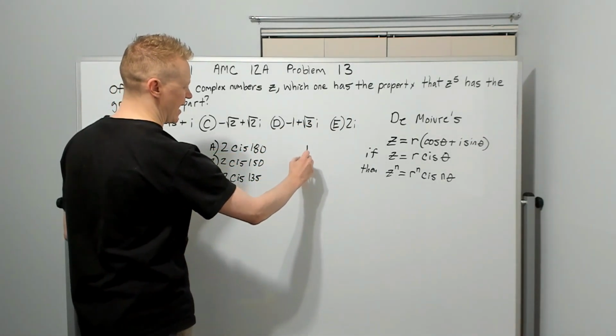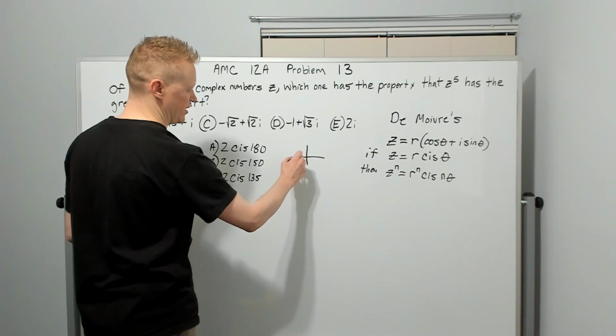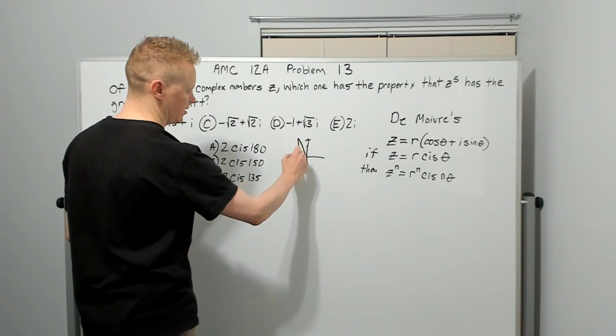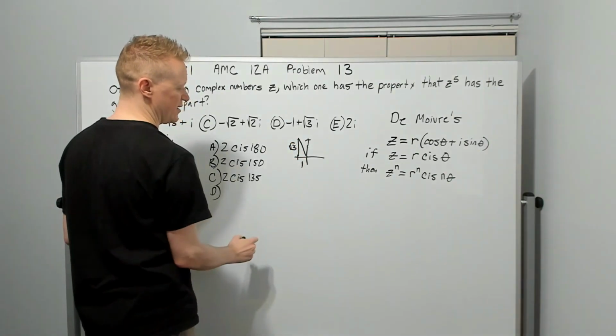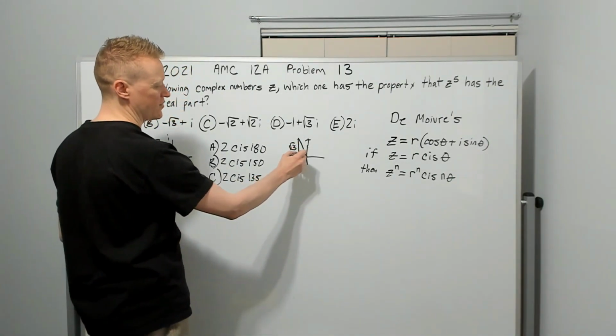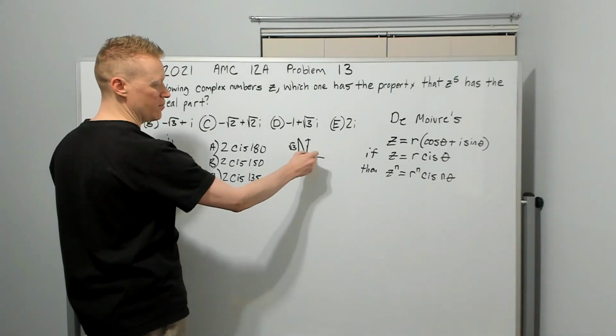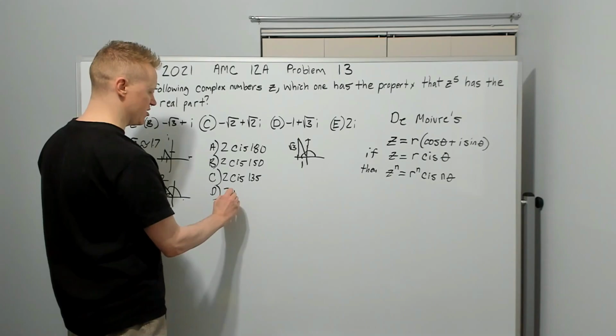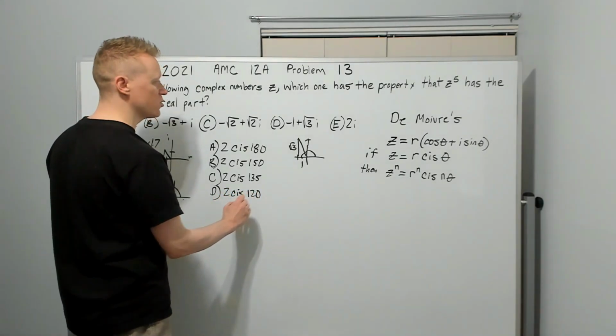D, -1 plus √3i. Where is that? We're still in the second quadrant. You're over at -1. You're up at √3. So it would look like this. This is √3. This is 1. Yeah, whatever, negatives. This is 60 degrees, making the angle 120. So it's going to be 2 cis 120.